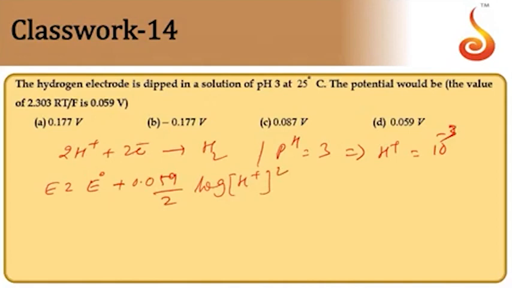E naught will be 0 for the hydrogen electrode, and 0.059 can be taken approximately as 0.03 into 2. The 2 gets cancelled in 2 log of H plus. So log of H plus means 10 to the power of minus 3, so it is minus 3 log 10. These two and these two can also be cancelled here.